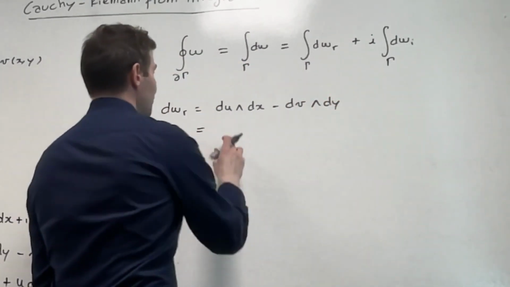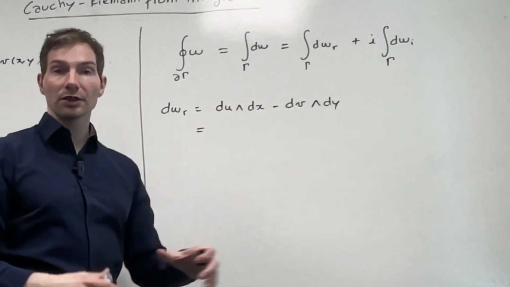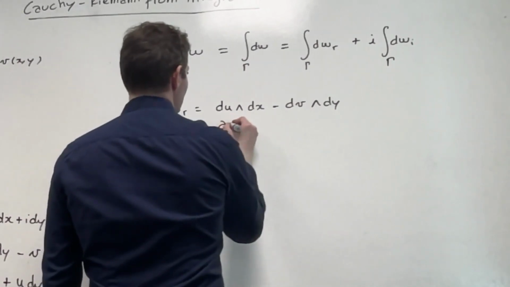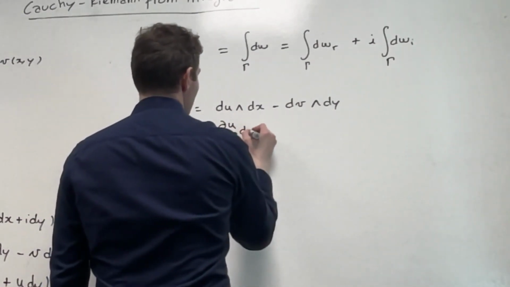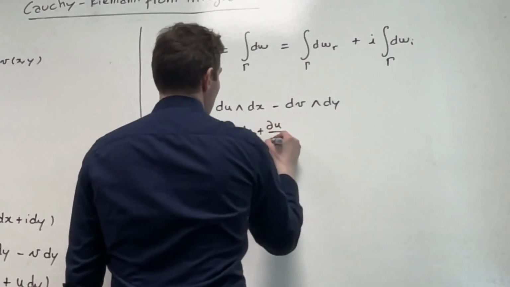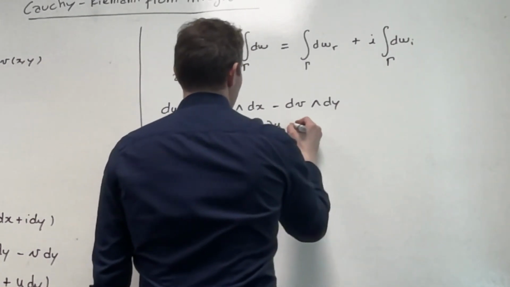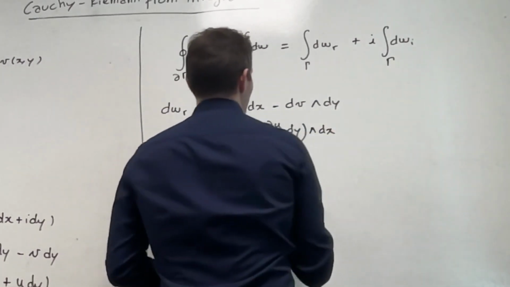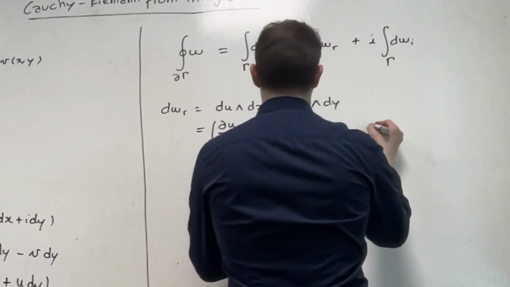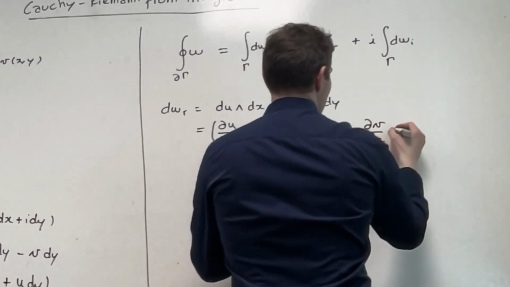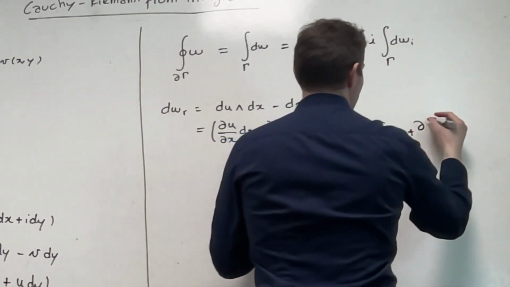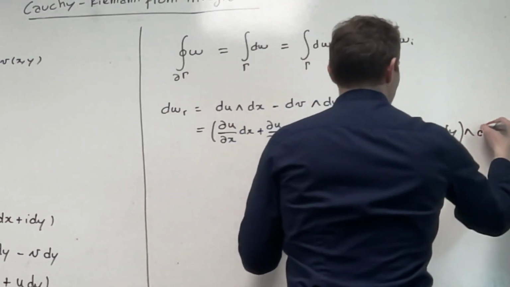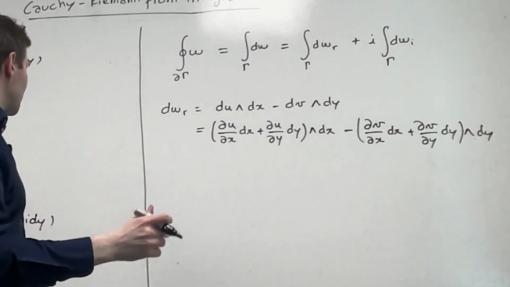Okay, and then the only thing I do is that I substitute du and dv with their total differentials, and so that's going to be du/dx dx plus du/dy dy, okay, and that's wedge dx, and then here I'm going to get minus, so I've got dv/dx dx plus dv/dy dy, and that's wedge dy. Now, please remember, we are working in exterior calculus.